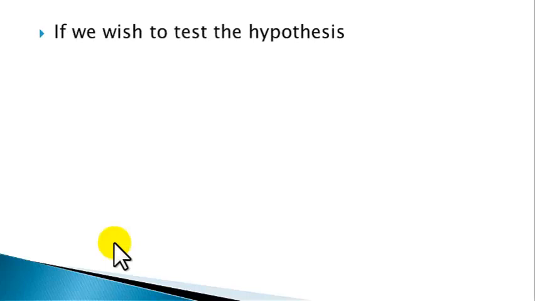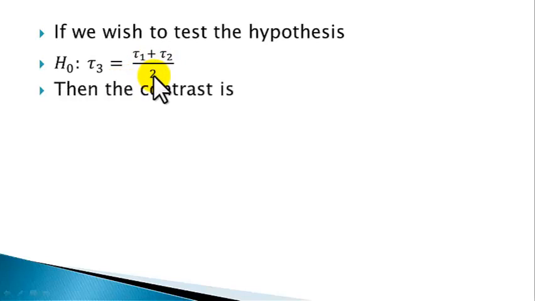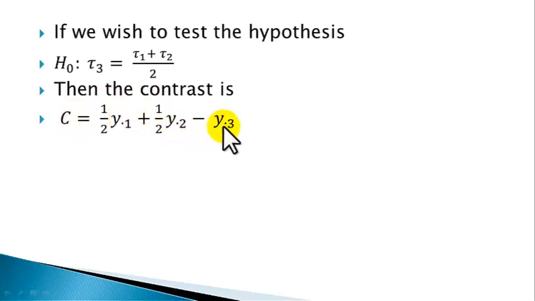Let us look at another hypothesis. If we wish to test this hypothesis, H0: tau 3 is equal to tau 1 plus tau 2 all over 2. This null hypothesis can be restated as half tau 1 plus half tau 2 minus tau 3 equal to 0, which suggests the contrast in the form C equals half of y dot 1 plus half y dot 2 minus y dot 3.